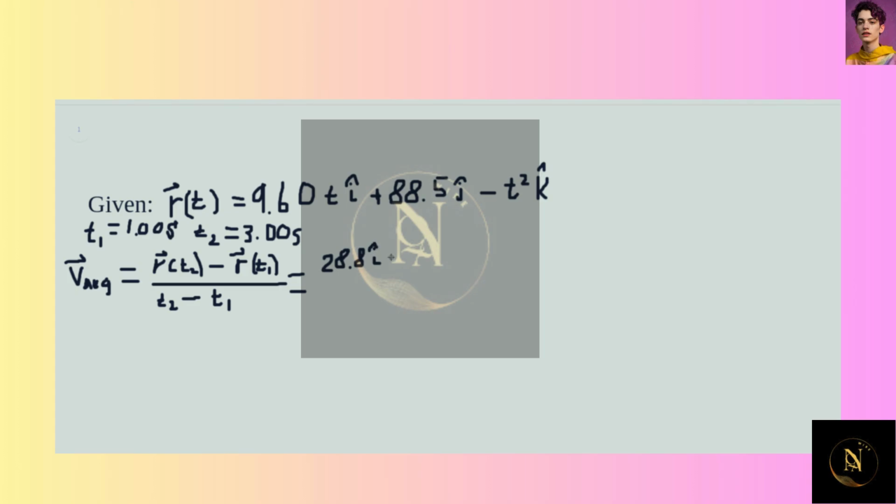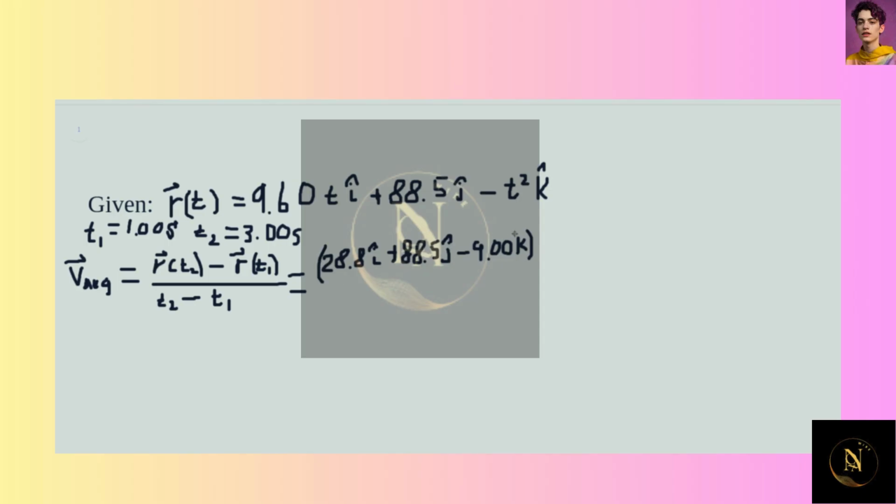Plus 88.5 in the j hat direction, since j has no t dependence, minus t squared, t being 3, 3 squared is 9. So minus 9.00, and that's in the k hat direction. Okay, so that's r of t2.